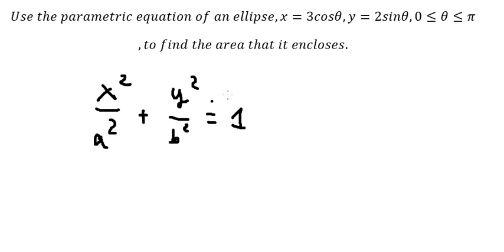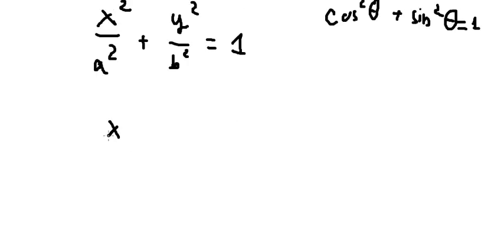Because we want to create cosine theta squared plus sine theta squared equals number 1, because that is the formula in here. So a in here is number 3, and b is number 2.